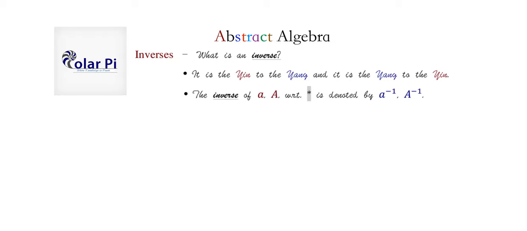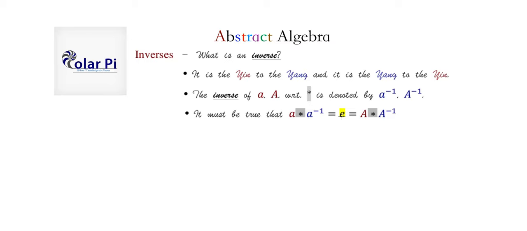Now, this is what the inverse must abide by, because so far we're just talking big picture about the yin and the yang. What has to be true about little a and little a inverse, or capital A and capital A inverse, is that when they interact with respect to the binary operation star, they combine to make E, where E is the identity element for the binary operation star on the set we're talking about.